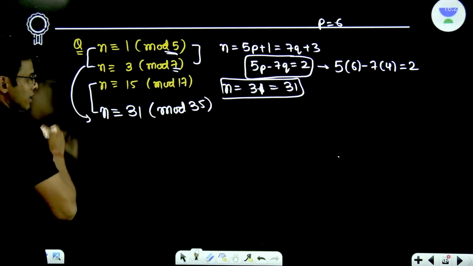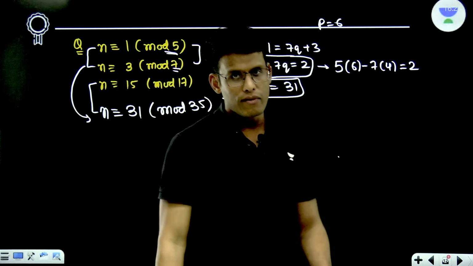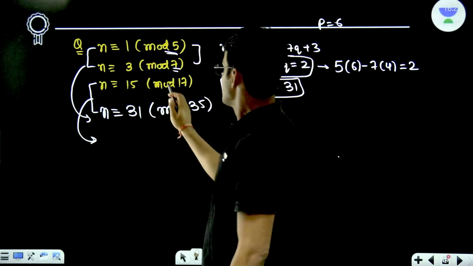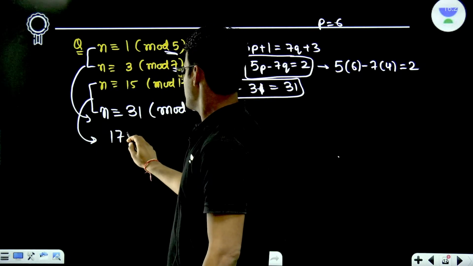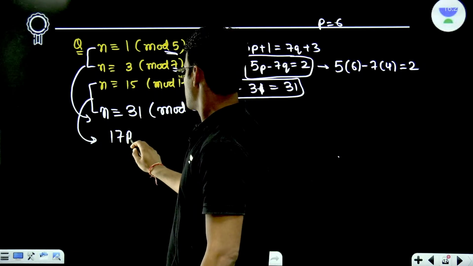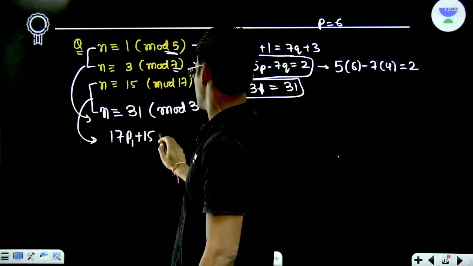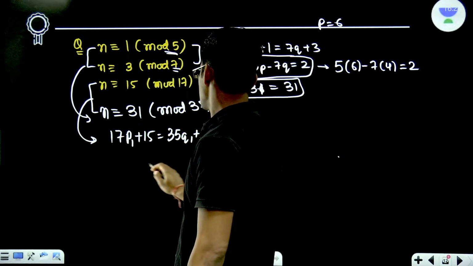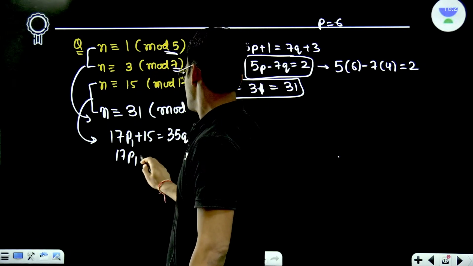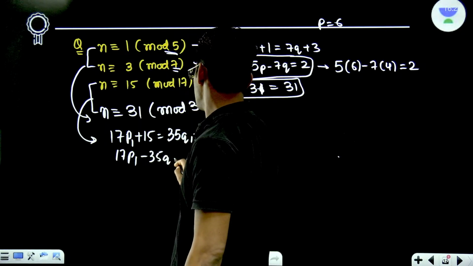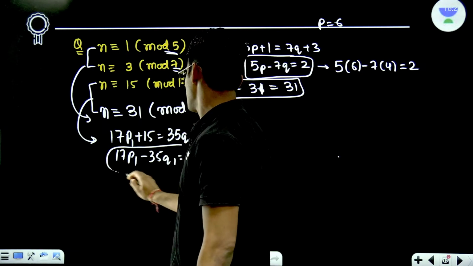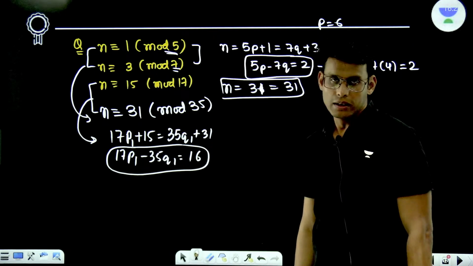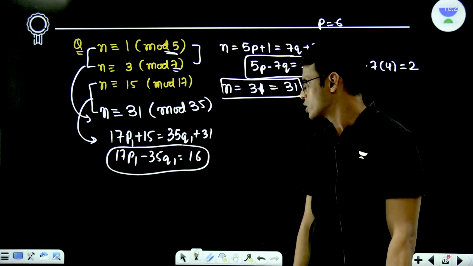Now I have to solve the next one, n congruent to something mod 17. So n is 31 plus 35 q1, and this gives me 17 minus 35. Again, it is to be solved using Bezout's lemma.